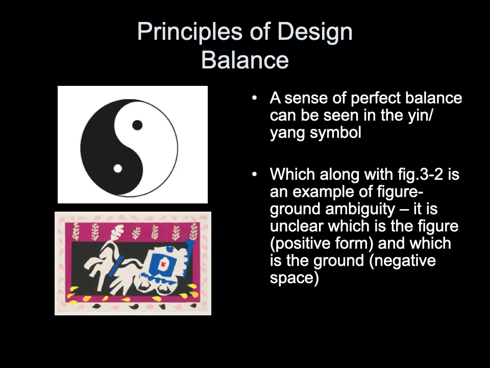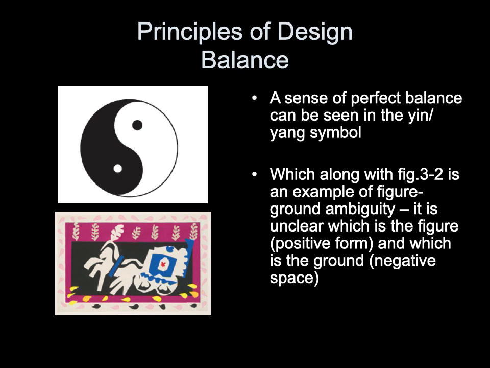Principles of design: balance. A sense of perfect balance can be seen in the yin-yang symbol here. That is a symmetrical balance. If we cut that symbol in half, we have elements that mirror each other from one half of the artwork to the other.